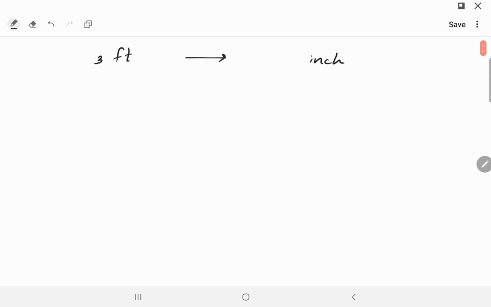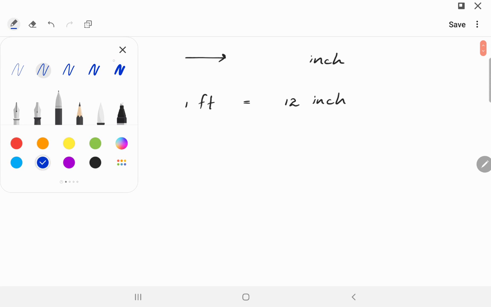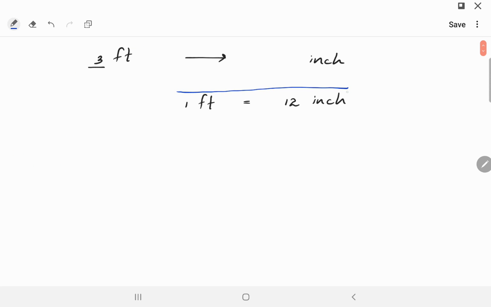When you are converting a certain number of feet into inches, you want to know the relationship between feet and inches. The relationship is, of course, 1 foot is equal to 12 inches. You are going to use this relationship in order to convert 3 feet into inches.